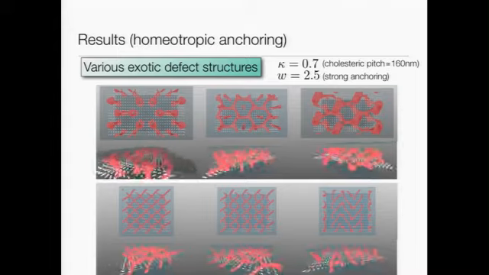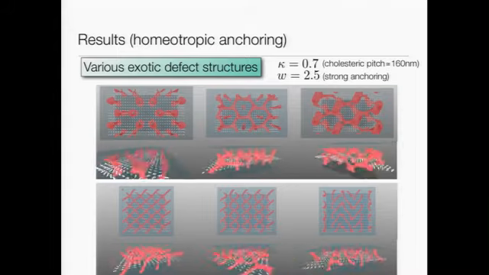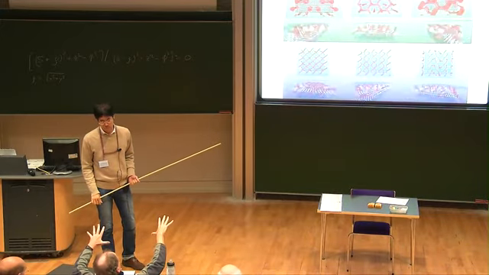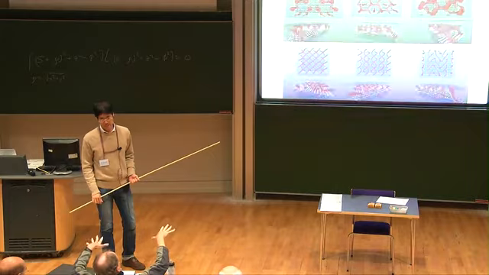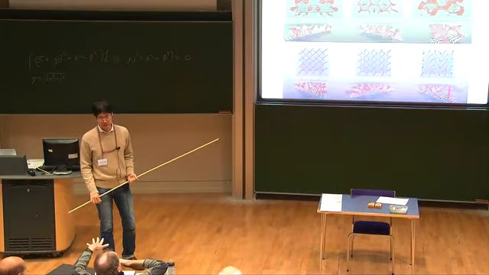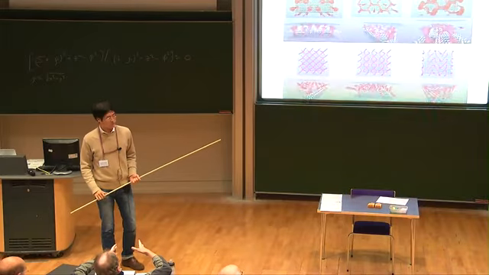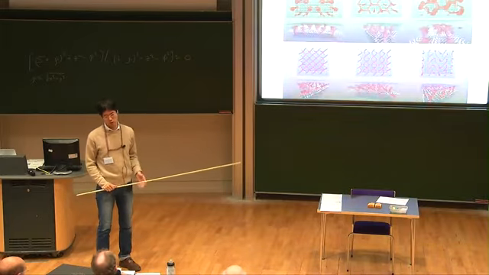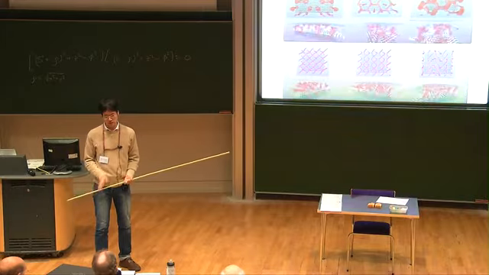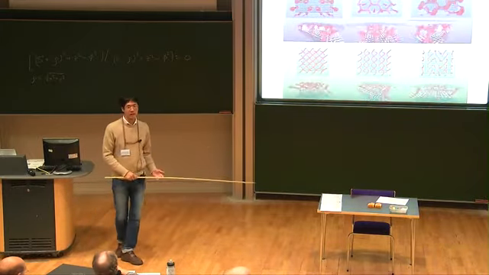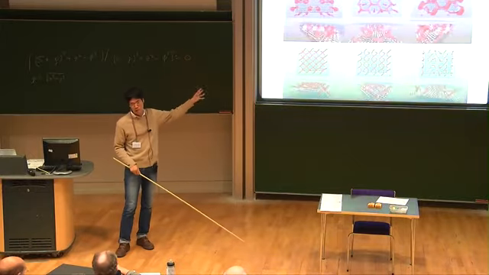I just want to make sure I understand the numerics you've done. So you took that Hamiltonian, and you numerically minimized the energy? Yes, exactly. And you did that over all possible configurations of the second rank tensor? So I tried various initial conditions for the numerical relaxation, and also found these various structures.